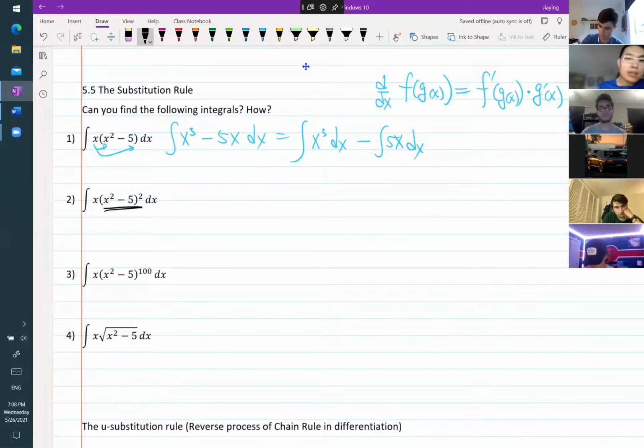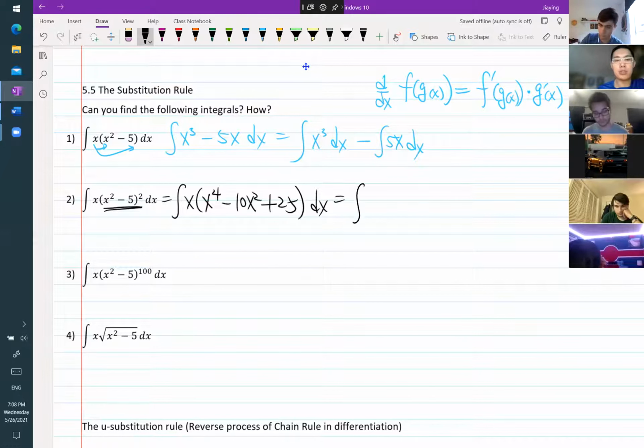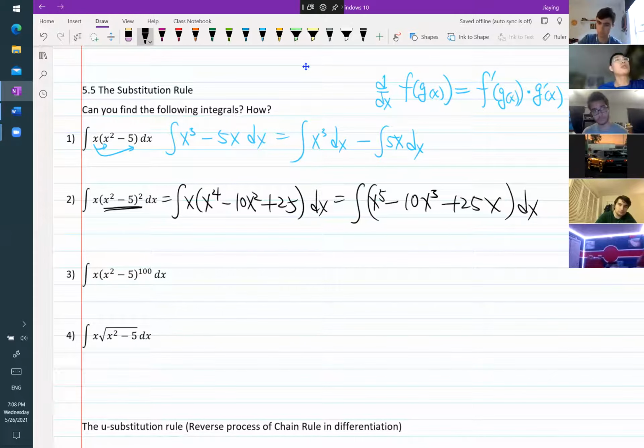So that's x times x to the 4th minus 10x squared plus 25, and then you end up with 3 terms: x to the 5th minus 10x cubed plus 25x. You can integrate each term separately from there. No big deal, right?